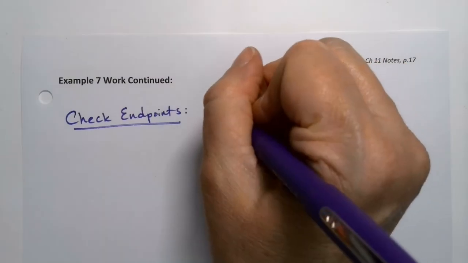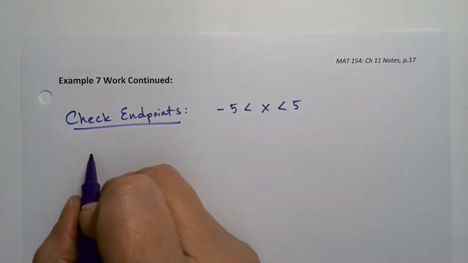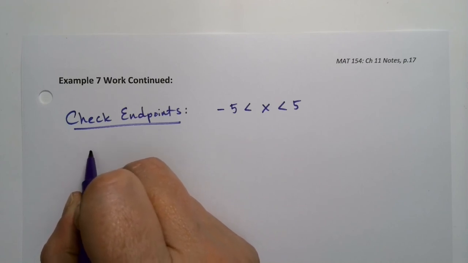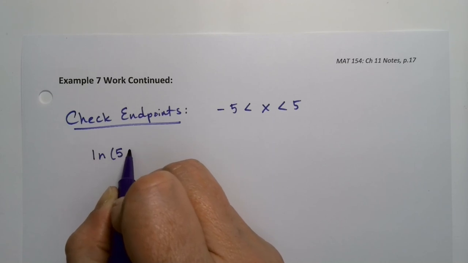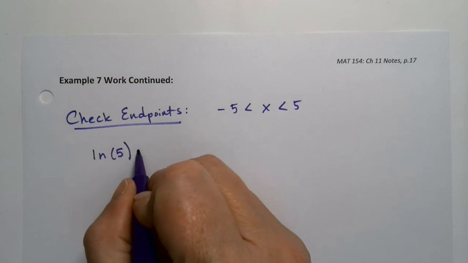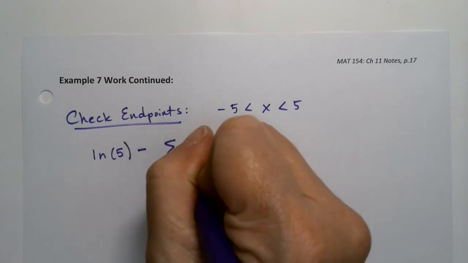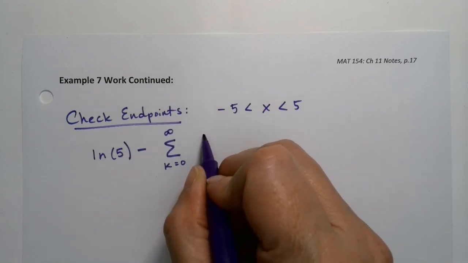Okay, so what are my endpoints? It's negative 5 is less than x, which is less than 5. And I have the summation, the natural log of 5 minus this summation from k equals 0 to infinity of, now instead of x, I'm going to get to put 5.